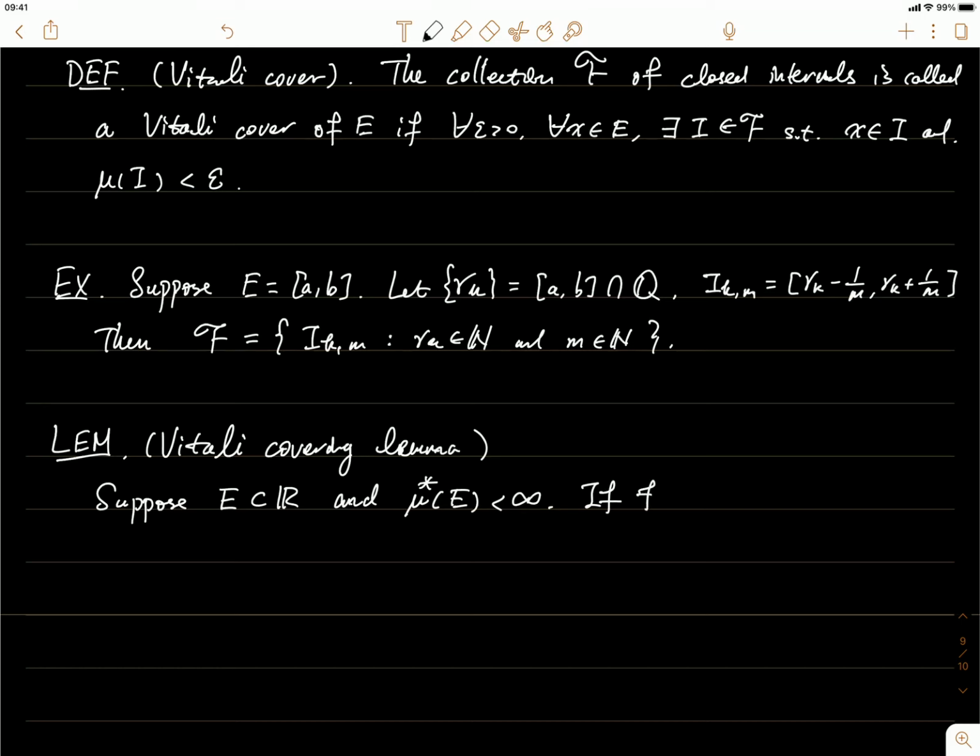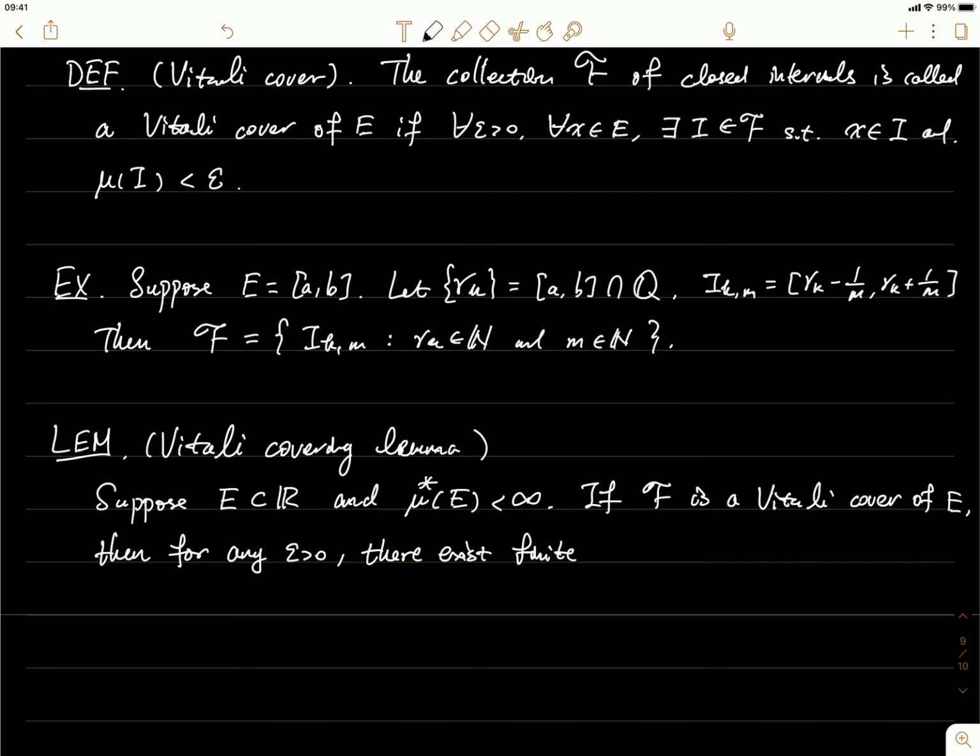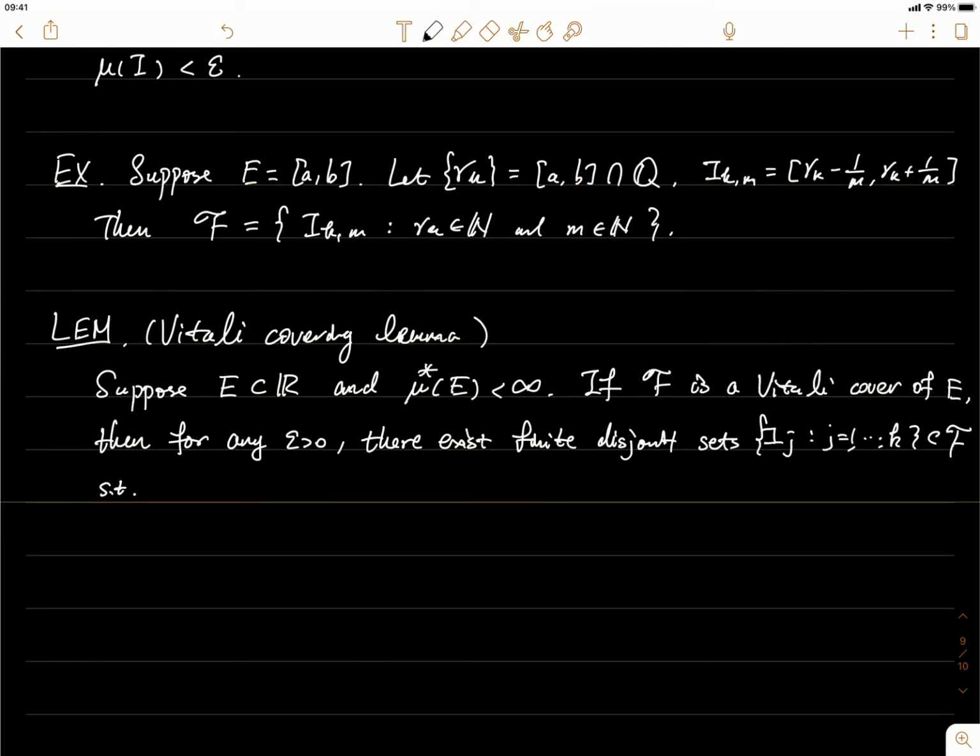If F is a Vitali cover of E, then for any epsilon greater than 0, there exist finitely many disjoint sets I_1 through I_k from this family such that the outer measure of E minus the union of the I_j is less than epsilon.